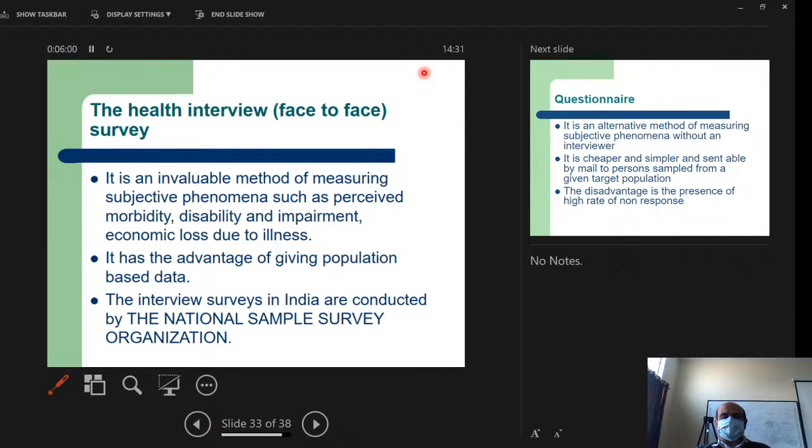It has the advantage of giving population-based data. The interview surveys in India are conducted by the National Sample Survey Organization.